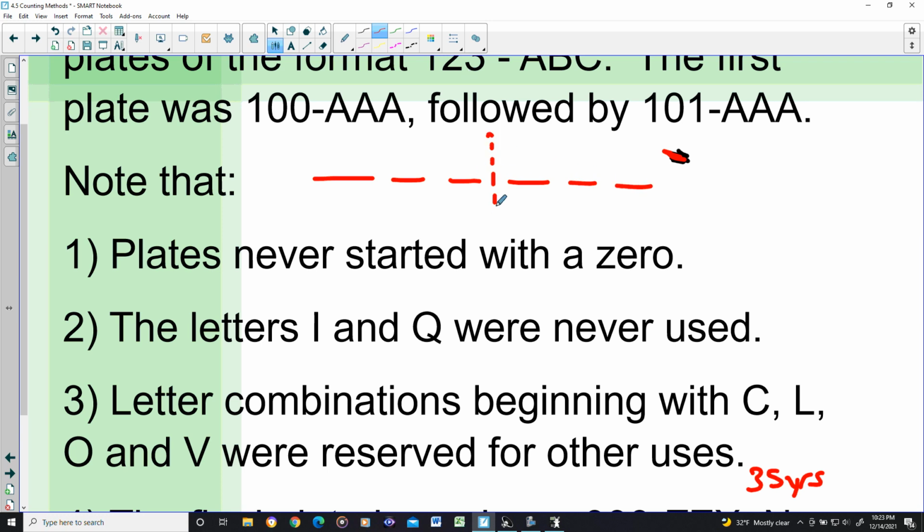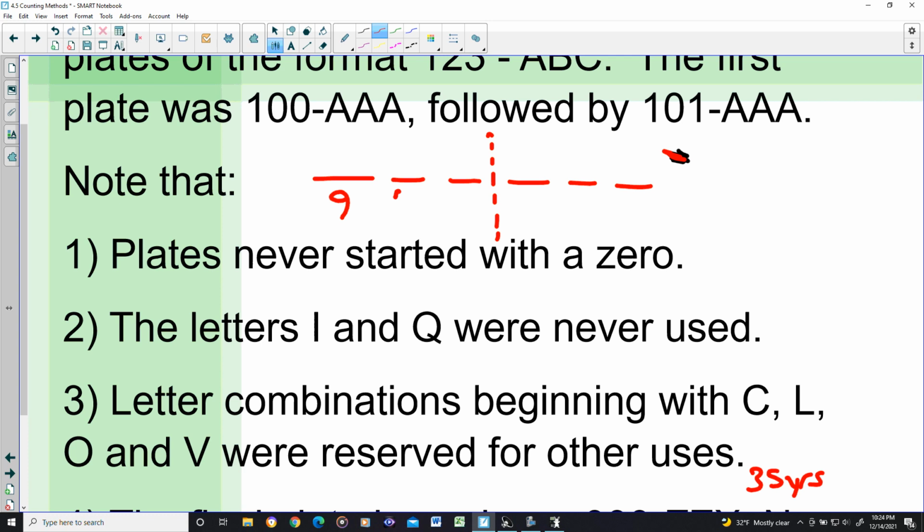Put a dotted line here. Okay, and now we had numbers and we had letters. So how many of each were here? So plates never started with a 0. Okay, so how many digits are there? 10, 0 through 9. But plates never started with 0. So there must be 9 combinations.